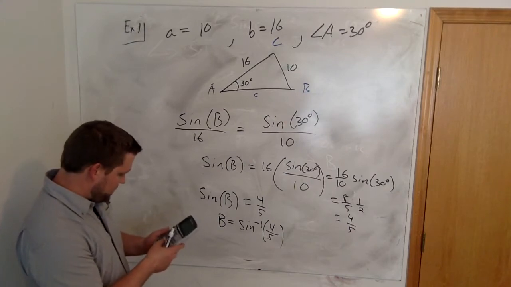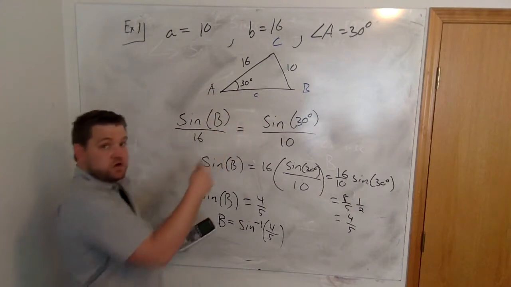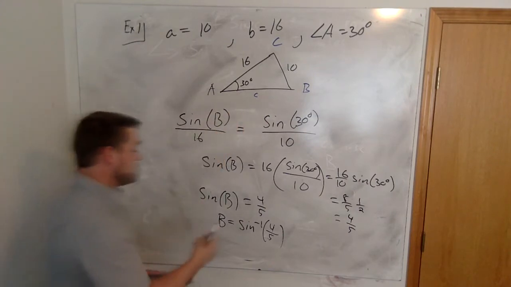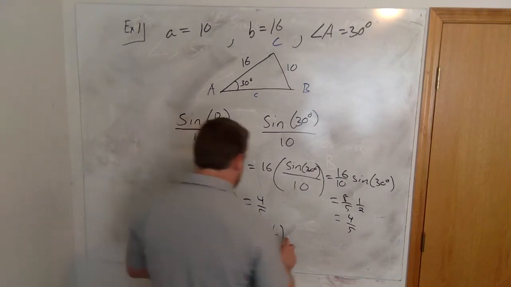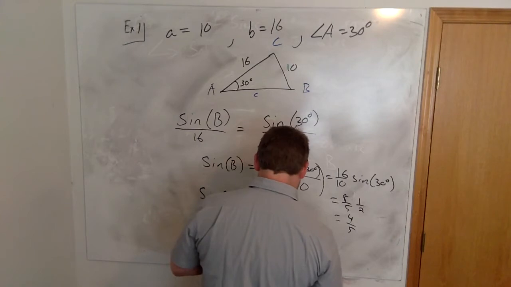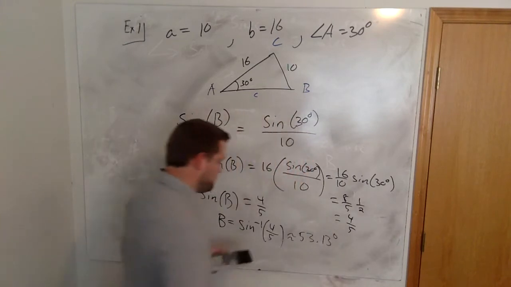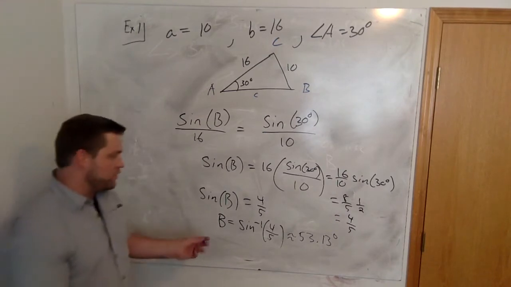Sine inverse of 4/5. Now, notice that we're working in degrees, so you want to make sure your calculator is in degree mode if you want this to spit you out an angle in degrees. So this is telling me that B is roughly 53.13 degrees.